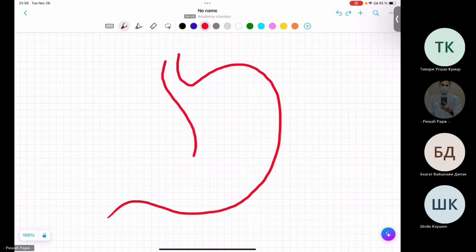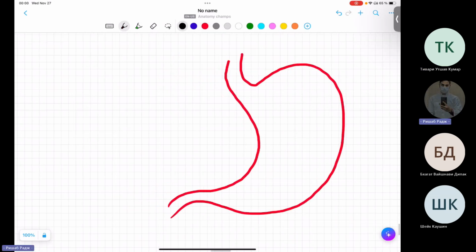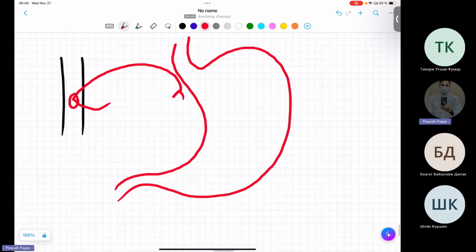Yes or no? You will have the celiac trunk. The abdominal aorta gives rise to the celiac trunk. Celiac trunk gives rise to three branches. What are the three branches? Left gastric artery, common hepatic artery, and splenic artery, which is going posterior to the stomach.